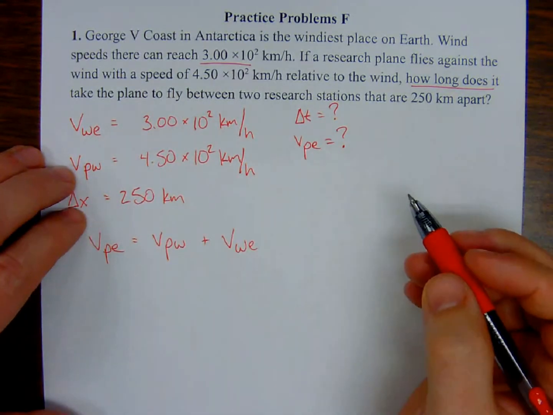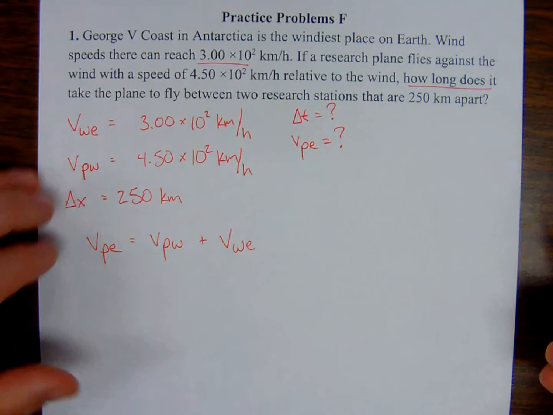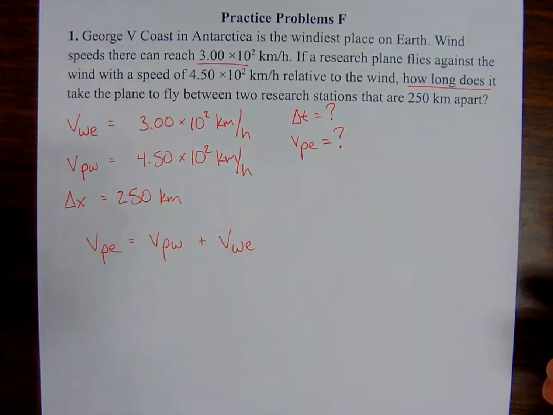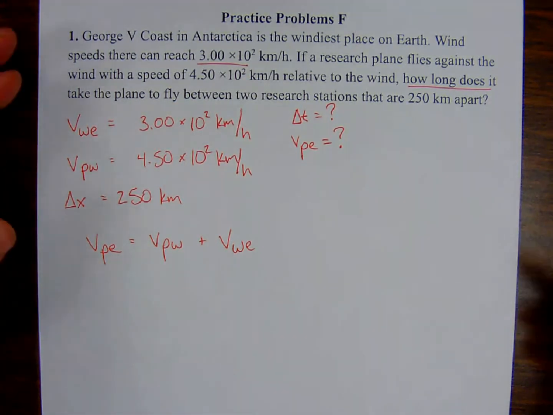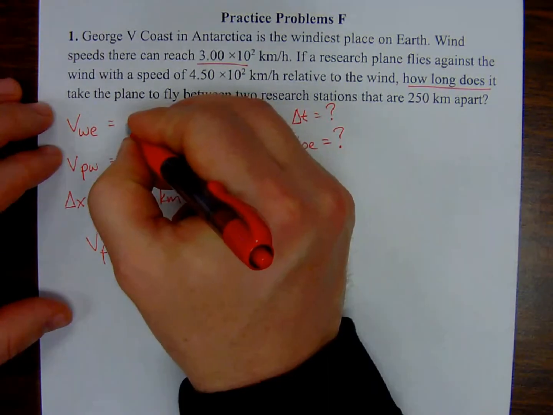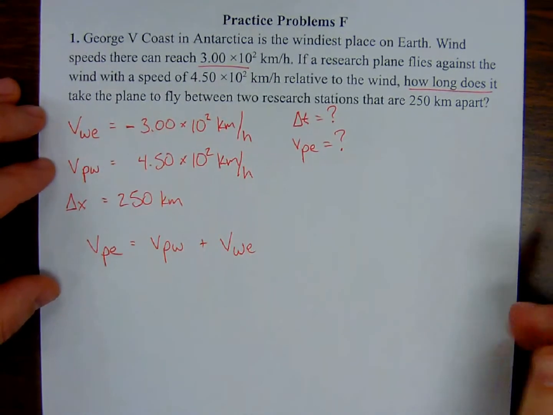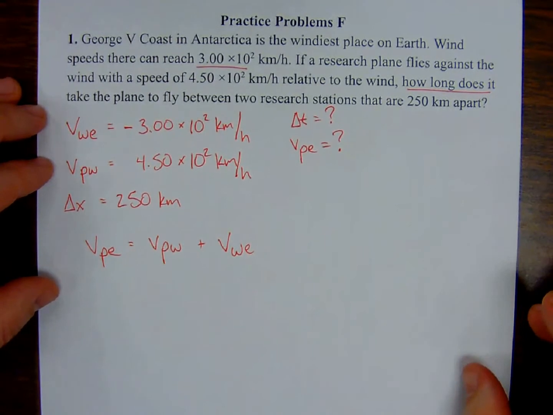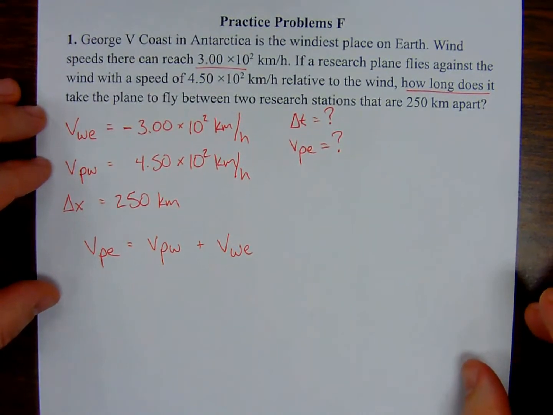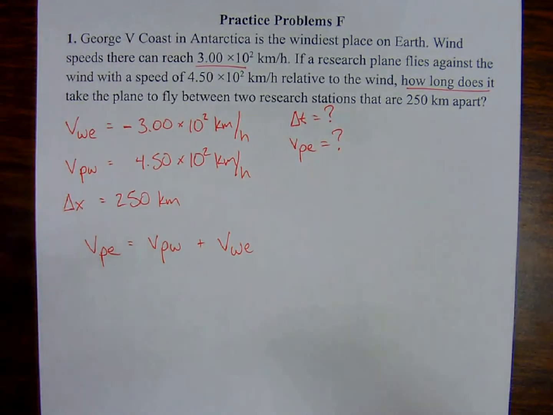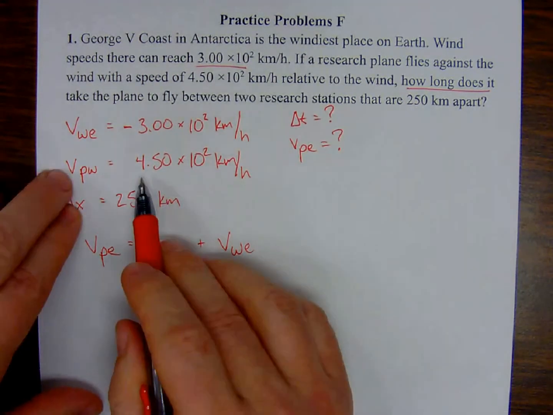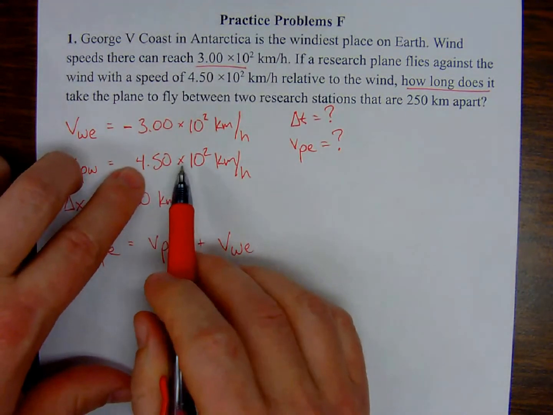Now I'm going to make this velocity of the wind with respect to Earth the negative vector here, just to say that in one direction this plane is moving 450 kilometers per hour, because when you're doing mathematical calculations, you can't say north or east or something like that. In that same direction, this velocity is negative 300 kilometers per hour, which numerically represents the opposite direction.